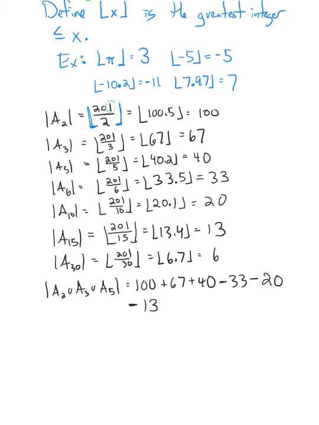So that's all combinations of 2 sets. And then finally adding the intersection of all 3 sets. A30 is, of course, 6.